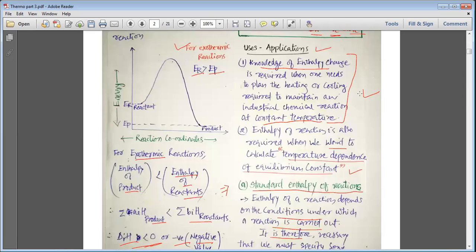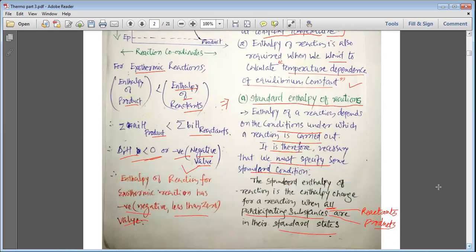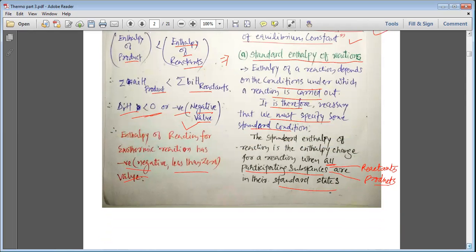But if heat is absorbed, then we need to heat it to maintain the constant temperature. In the same way, when we want to determine the dependence of the equilibrium constant on temperature, we should know whether the reaction is endothermic or exothermic.